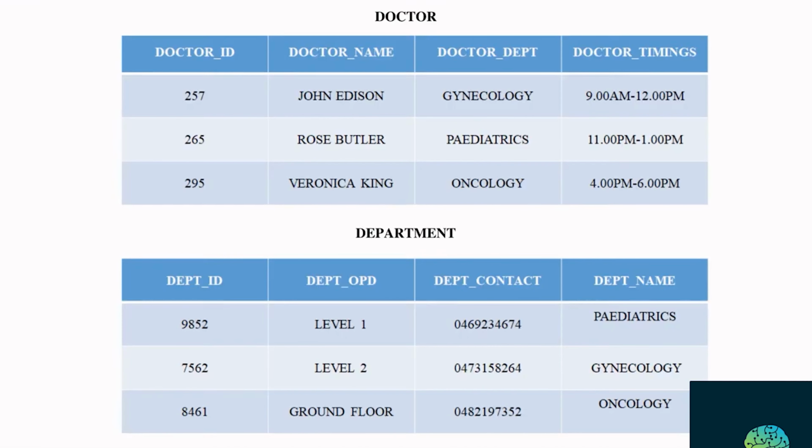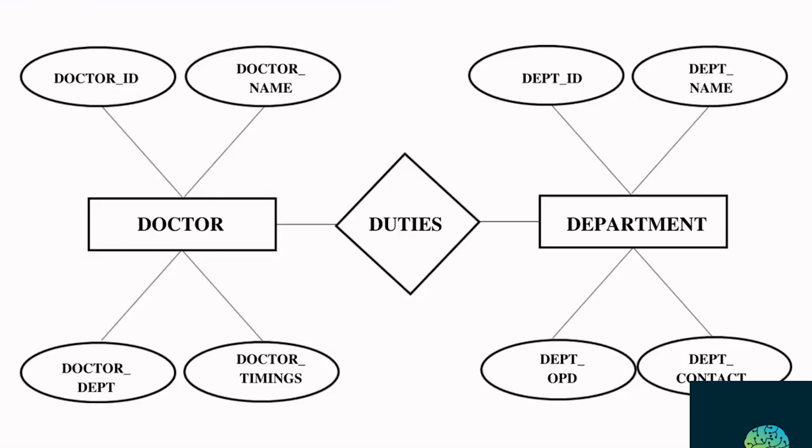As you see on the screen, we have two tables. One is the entity doctor and the other is the table of entity department. And we have the attributes like doctor ID, doctor name, doctor department, doctor timings. And similarly, for the department table, we have department ID, department OBD, department contact and department name. Now let's see how to draw the entity relationship model for the same.